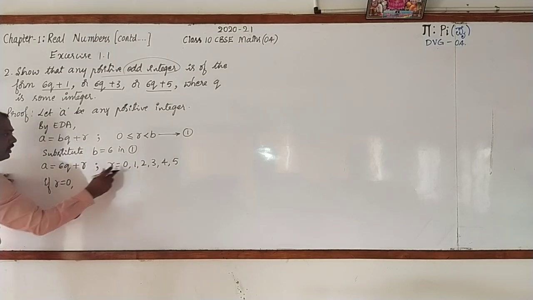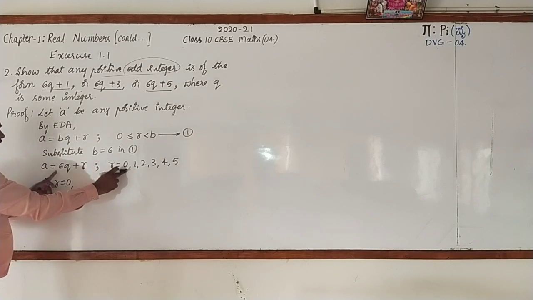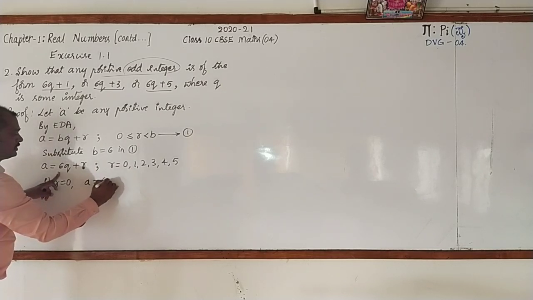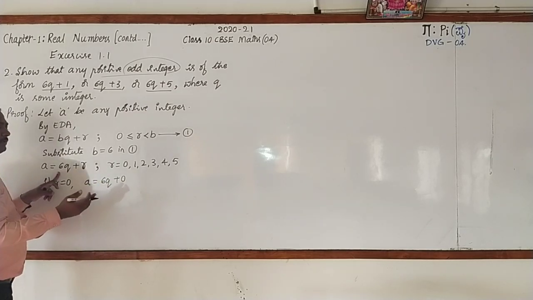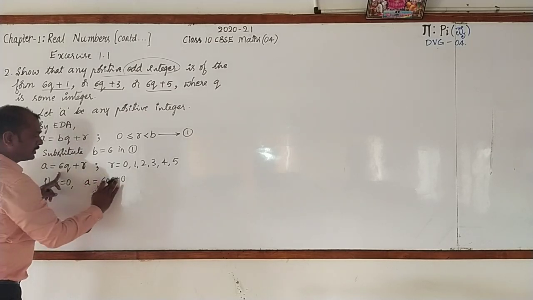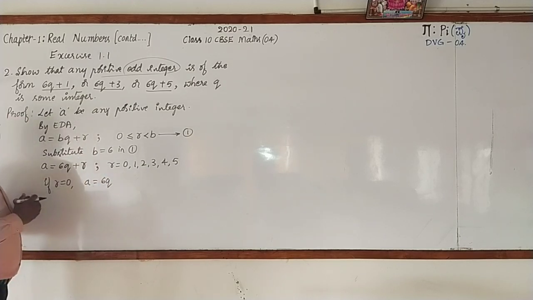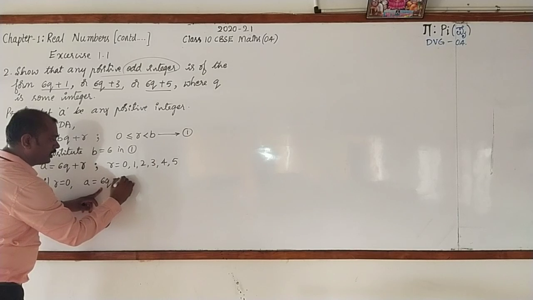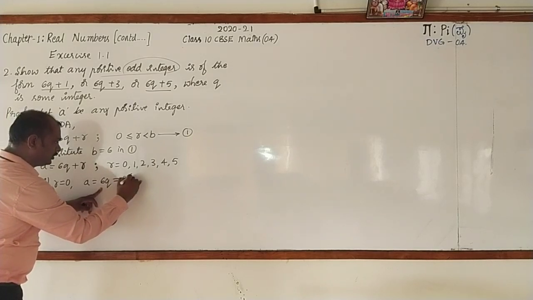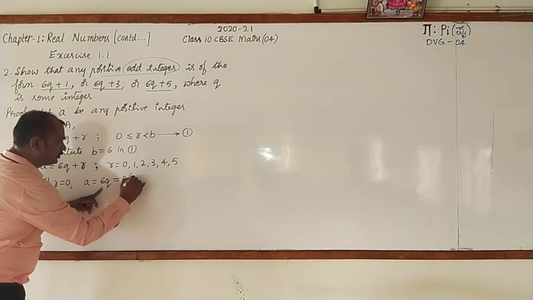If 0 is taken in place of r, then a equal to 6q plus 0. Any number plus 0 is the number itself. Hence I'll write just 6q. Now can we write 6q in the form of 2 into 3q?